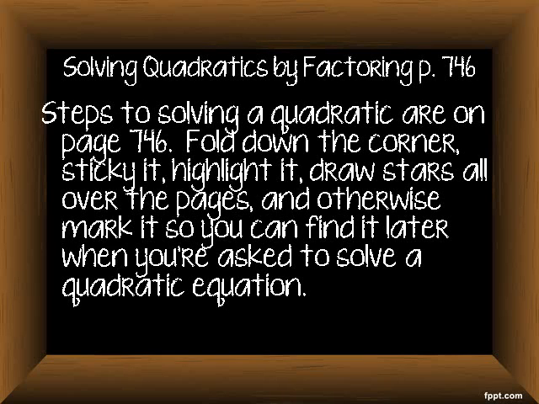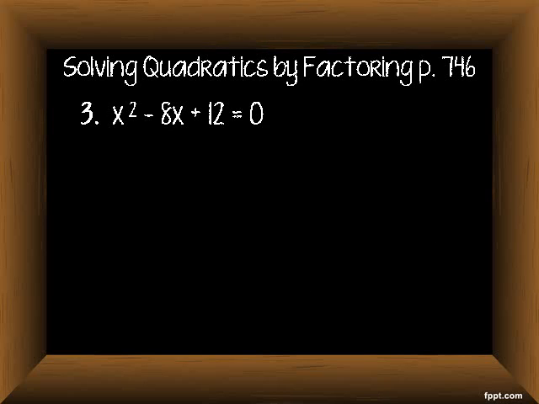We're using the factoring that we learned in 12.3 to break our equation up into two linear equations so that we can have two solutions. Your first step is get it equal to 0, when it's already equal to 0. Your second step is to factor it.